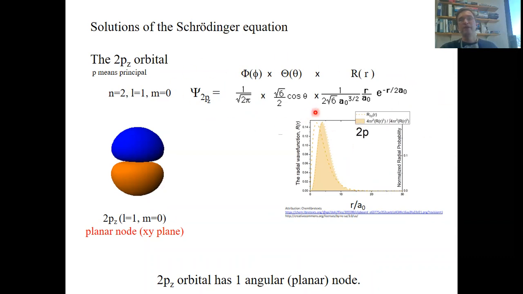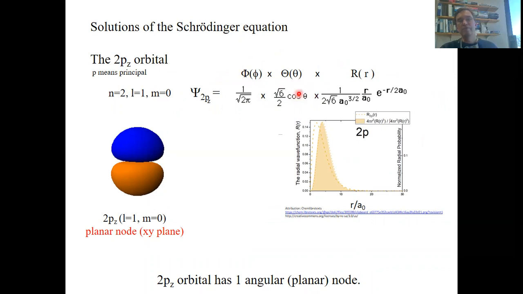Okay, now let us first look at the angular part of the wave function. So now you see that we do not have only simple numbers anymore. One of the 2 angles, actually theta, appears here.